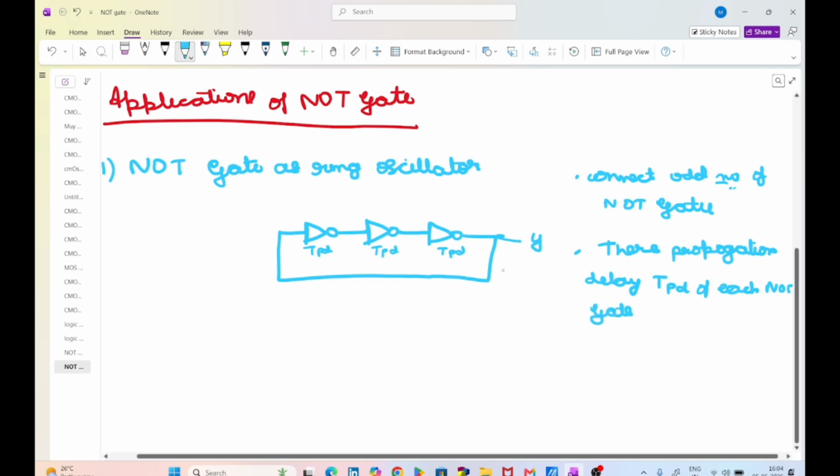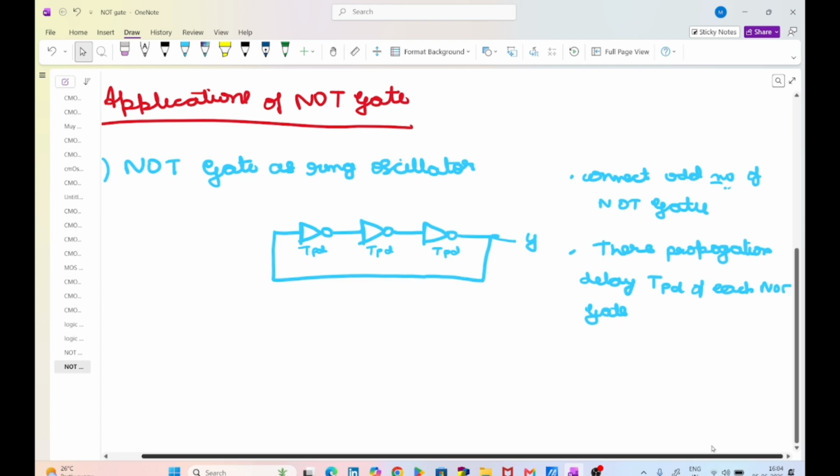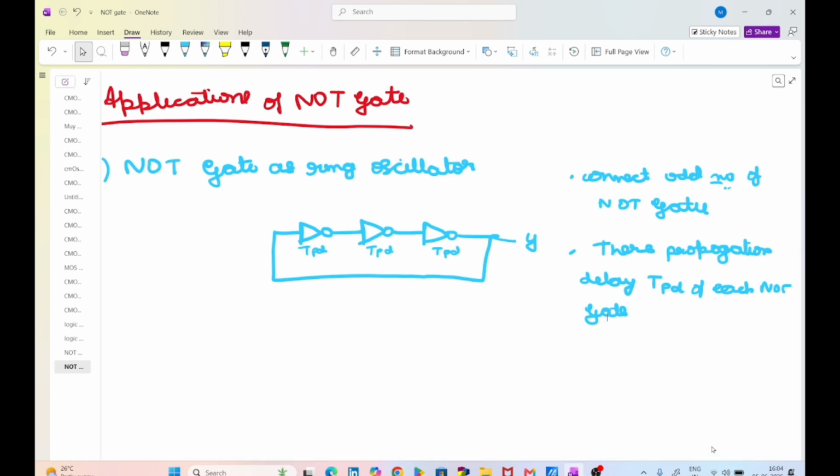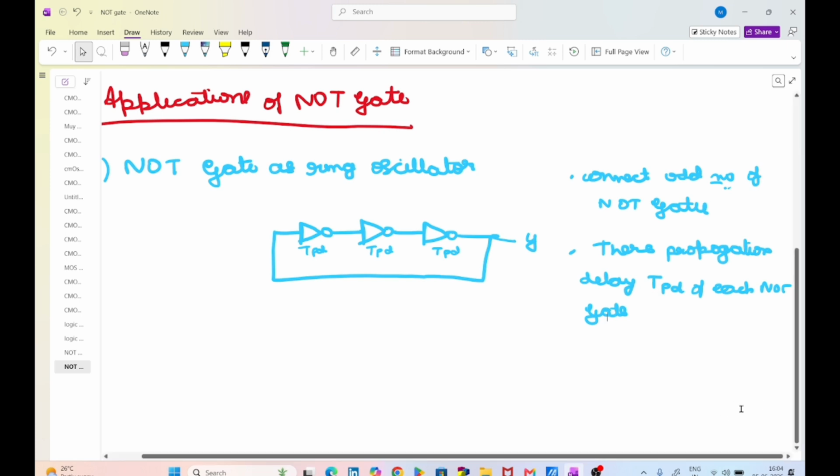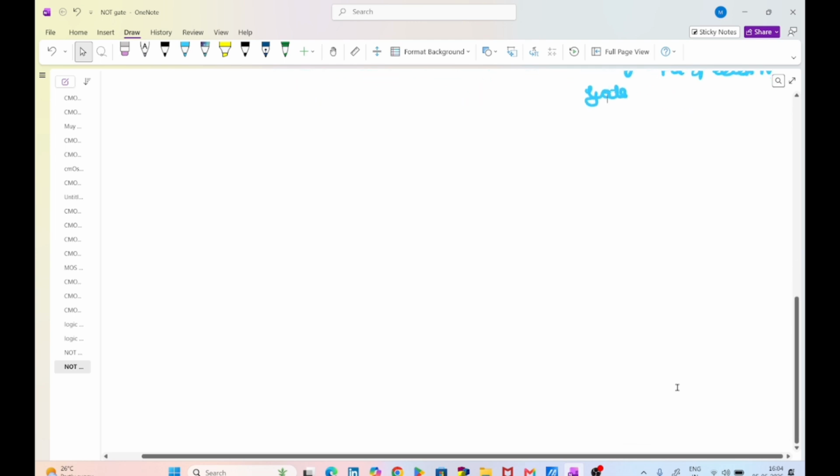That's it. Let us explain this part using the timing diagram, and you are going to understand it. Let us write the timing diagram for this.